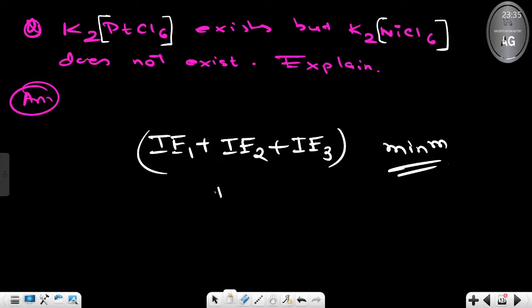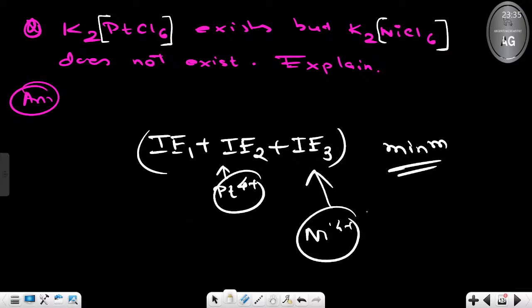So for Pt4+ this value is low, but for Ni4+ this value is quite high. So Ni4+ is not a thermodynamically stable ion, and its compounds will also not be thermodynamically stable. That is why platinum's compounds are more thermodynamically stable and Ni4+ compounds are not, and they will not form. Is it clear?